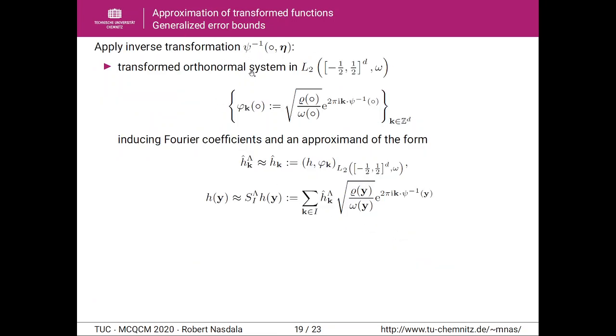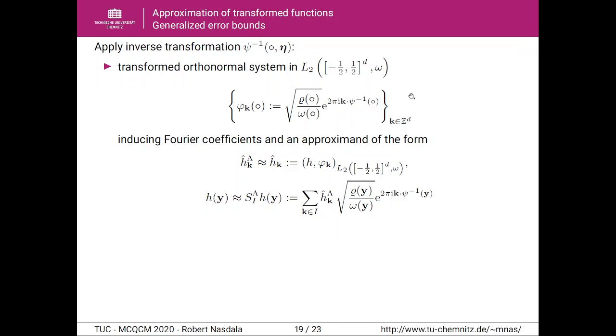So now we apply the inverse transformation and get a description of the basis function of our weighted L2 space, which look like this. Beforehand, we only had a Fourier system, and now by applying the inverse transformation, we have these weighted and transformed exponential expressions.